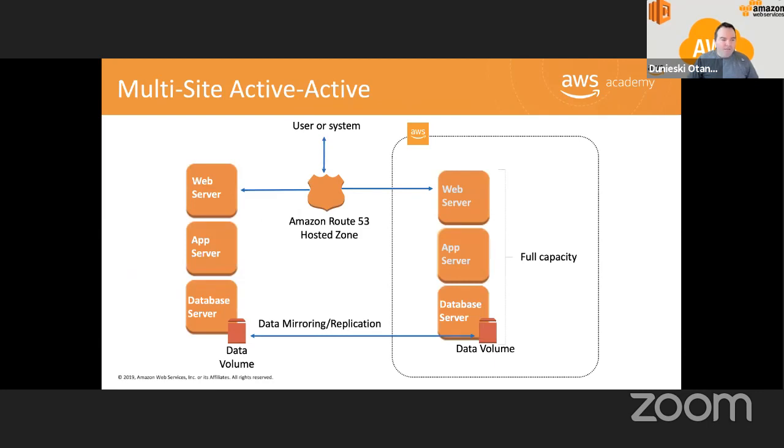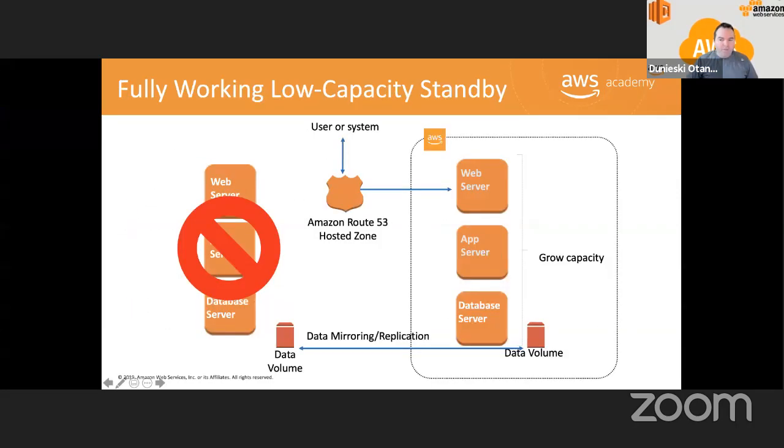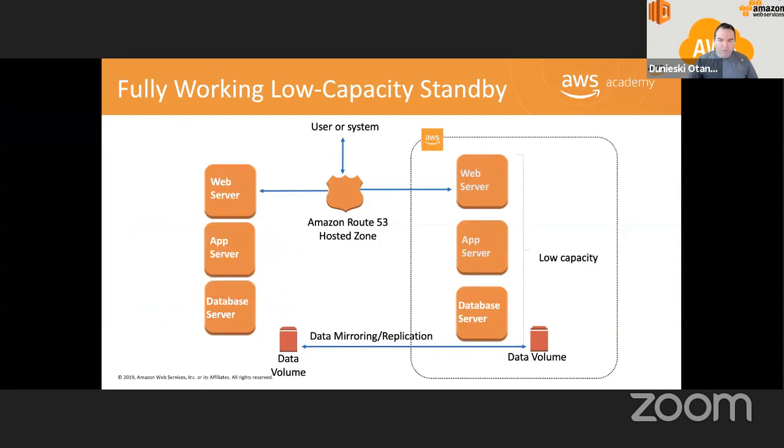Multi-site active. What happens here? So you have a full-size production capable infrastructure within the AWS cloud. In this case, all of the servers are already operating at full capacity. Remember that in the previous design, you were operating here at low capacity, right?